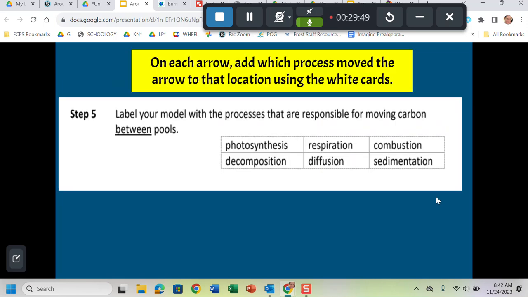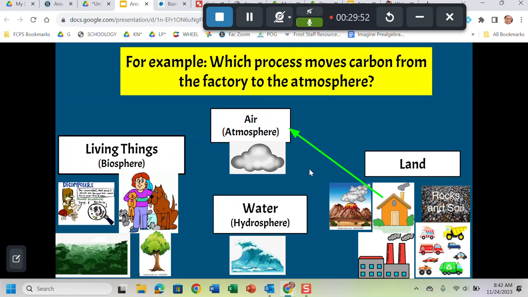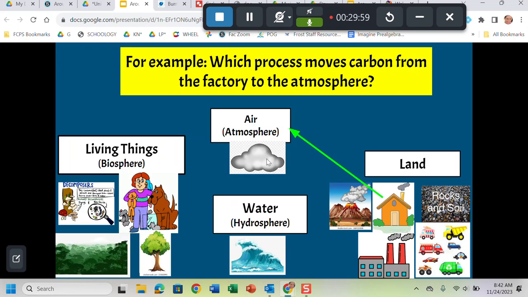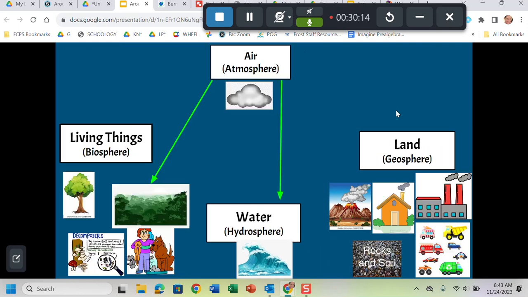All right, so then we wanted to think about what is the process that caused our carbon to go from one pool to another. So looking back at our four spheres again, to go from land to air, that's going to be combustion. If we burn something, we're going to change carbon from land format into air format.